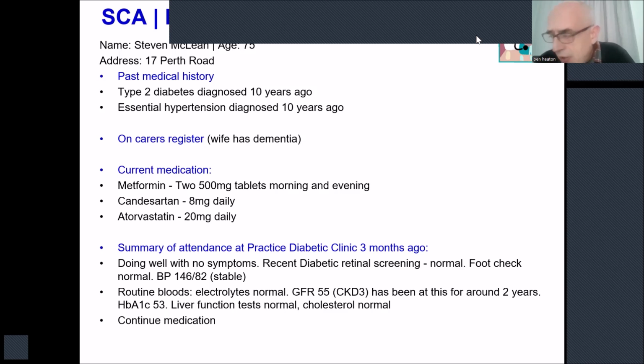When we compared it to your baseline blood pressure, that was a little bit lower. And she noticed that your mouth looked a little bit dry. How was it left with the district nurse? Well, she said the blood pressure was in the normal range, but just because I'm feeling a bit washed out, one of the GPs will call you just to see if anything else needs to be done. Yeah, no, really sensible.